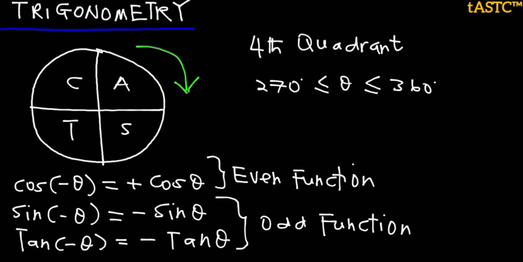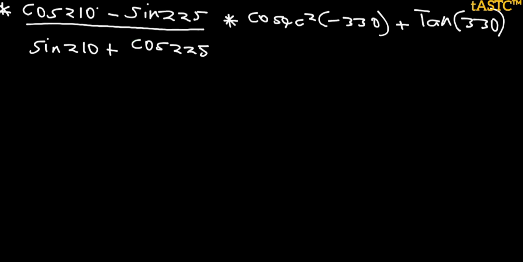Now, having got this, let us go on to some few questions under this part. We're going to work these two questions and apply the principles that we've learned from the quadrants of a circle under trigonometry. As usual, you can go ahead and pause the video and try to solve it by yourself. Come back and find out what the answer is.